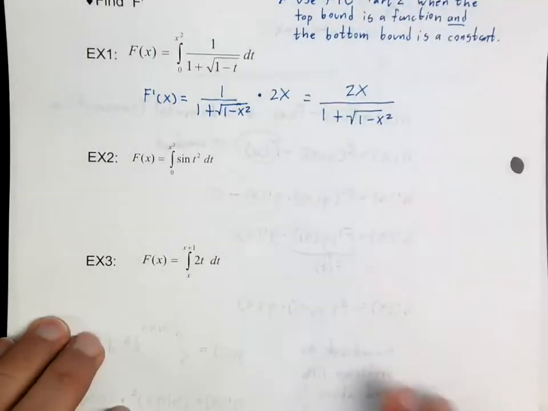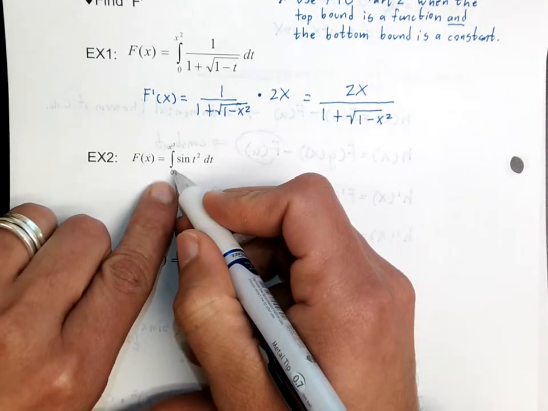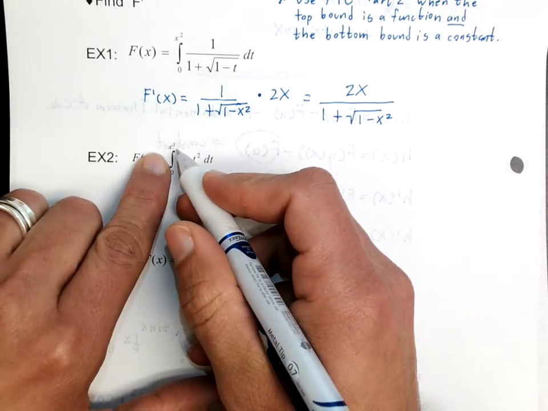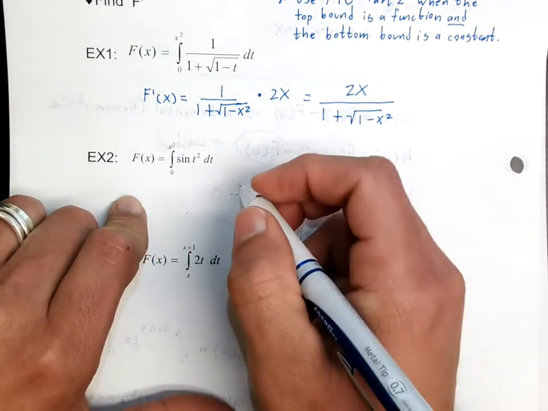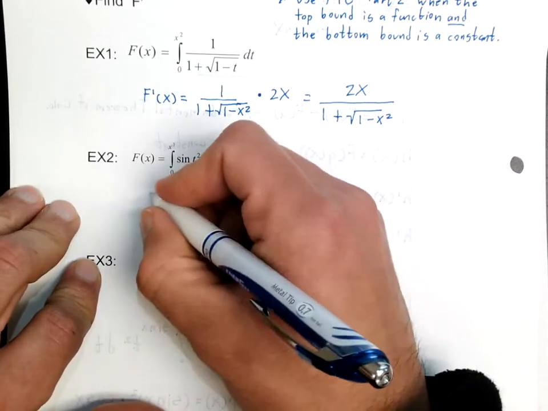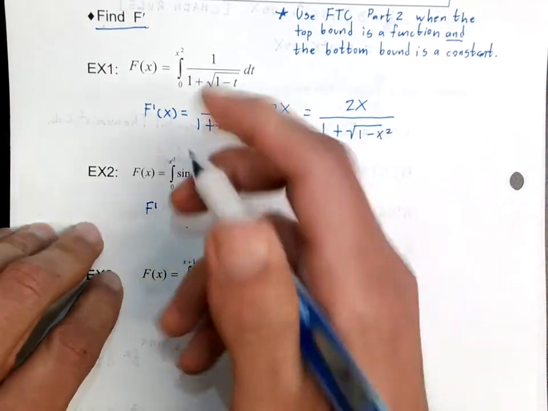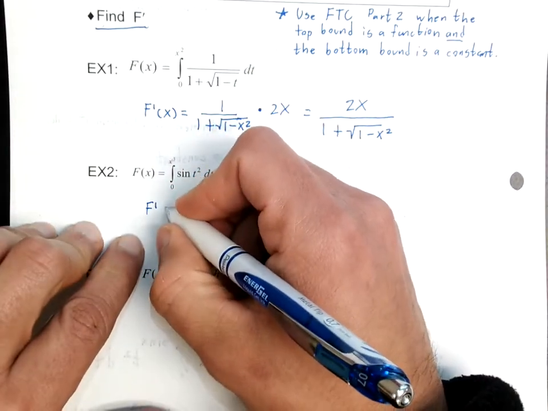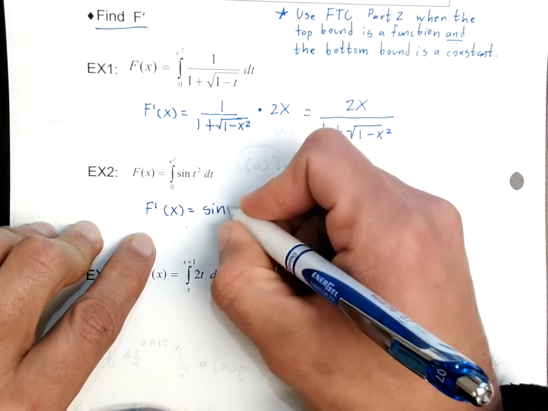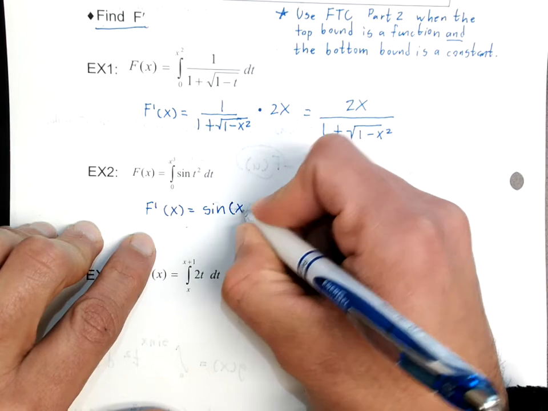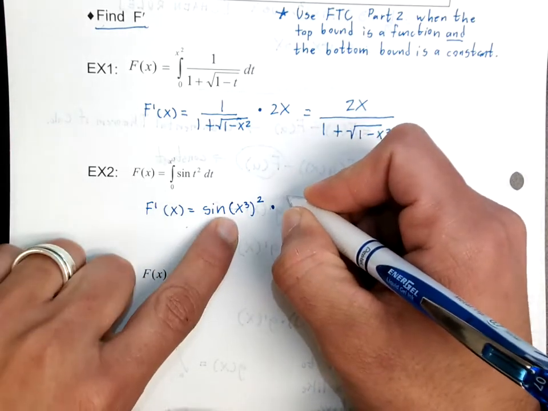Same thing again. I can use the fundamental theorem of calculus part 2 because the bottom bound is a constant and the upper bound is a function. Notice that's an x cubed. I know that's kind of hard to read there. Same idea. Remember that we're looking for the derivative. We're finding capital F prime. So this is going to be equal to sine of x cubed squared times the derivative of x cubed.